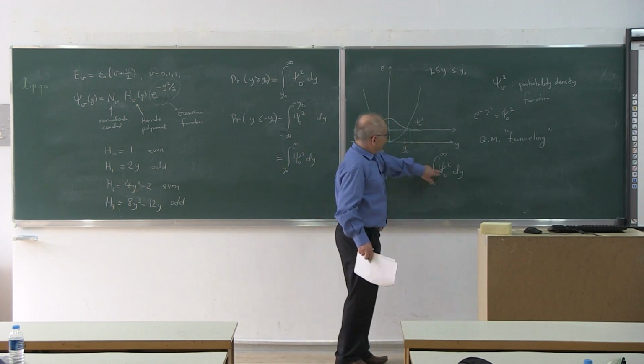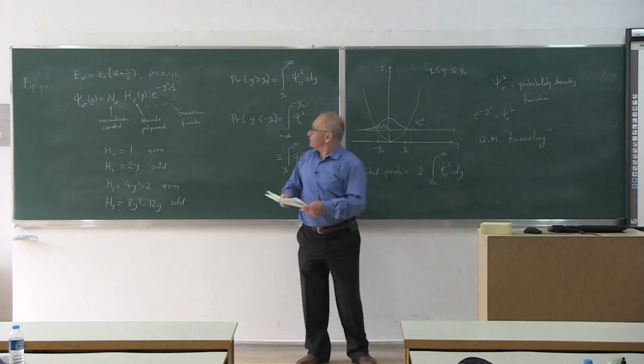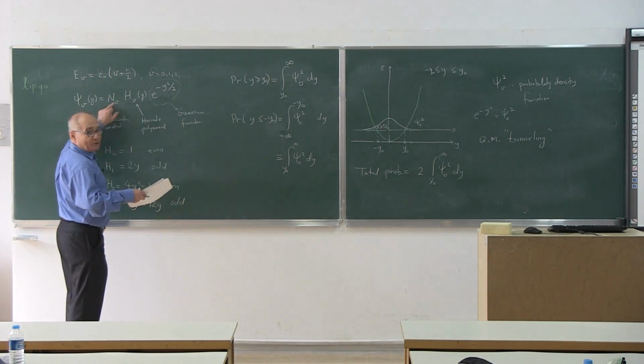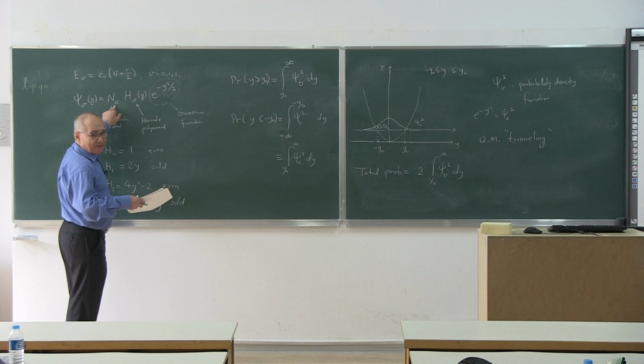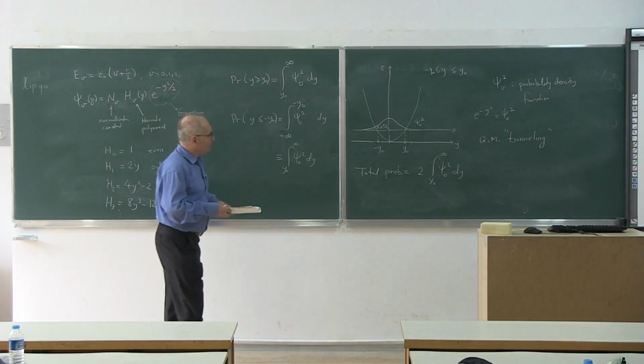Now, the function that we use here must be a normalized function. In other words, the correct value for the normalization constant must be given. Otherwise, the probability interpretation doesn't work.